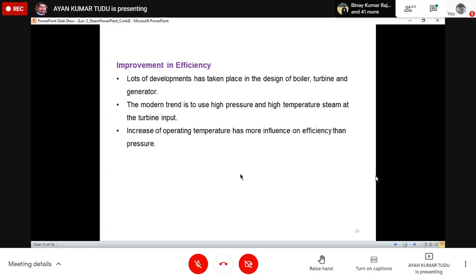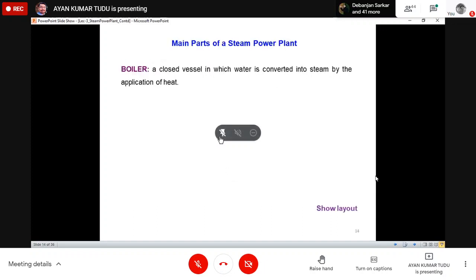That is not written anywhere. Just remember the term. Okay, so now we're talking about the boiler. So what are the main parts of a steam power plant? When we're talking about the main parts of a steam power plant, the first that comes into our mind is our boiler. So what is a boiler? A boiler is a closed vessel in which water is converted into steam by the application of heat.